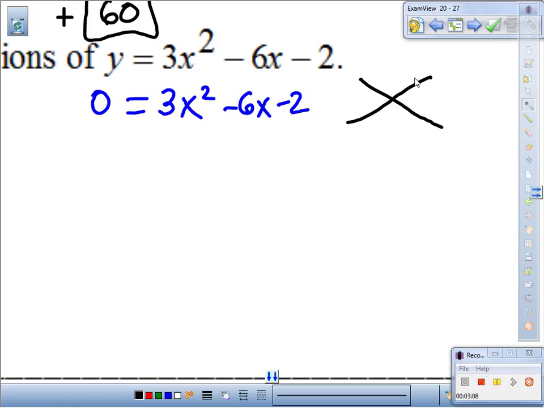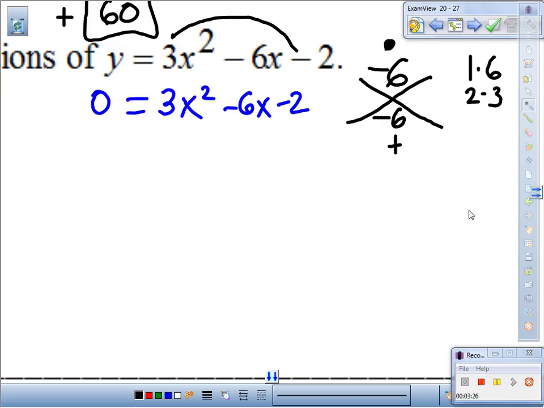What goes on top? Very good. Negative 6. Why? Because we multiply the 3 times negative 2. What's the middle term? Negative 6. Let's see, the factors of 6 are 1 times 6, 2 times 3. Is there any of those pairs of numbers that gives us negative 6 as a product and sum? No. So that means it cannot be factored like that.